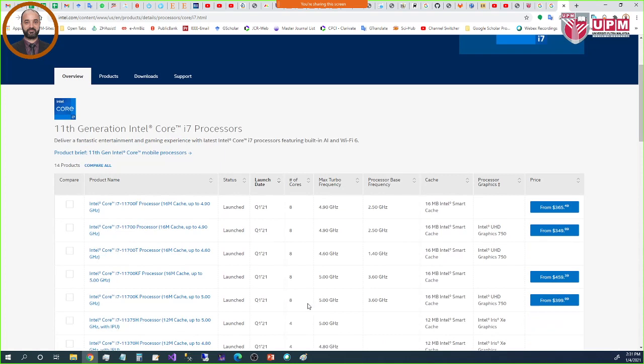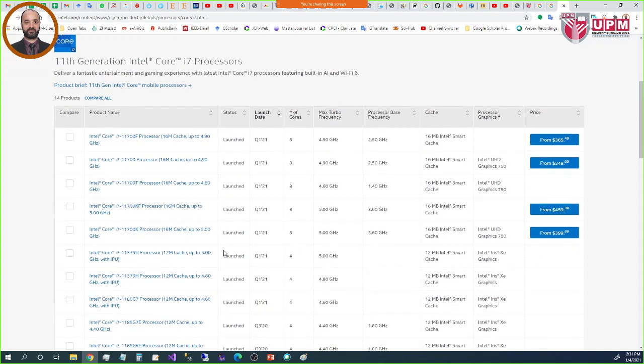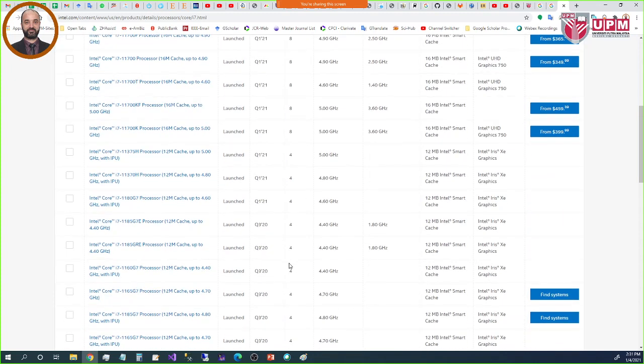So here, this one, F, has 8 cores. Maximum turbo frequency is 4.9 and processor base frequency is 2.5 and cache is also 16 and so on.